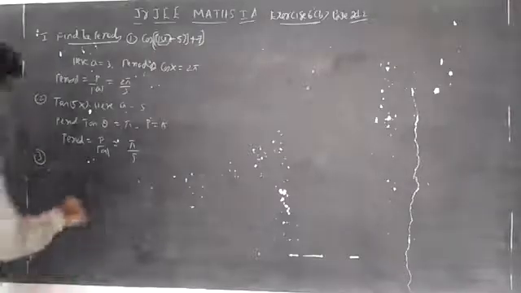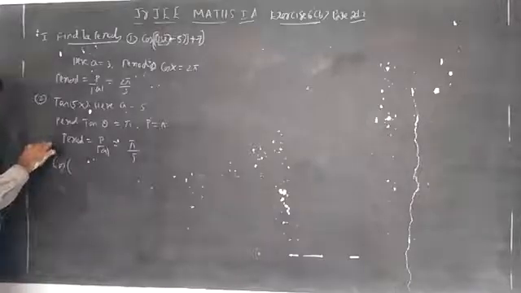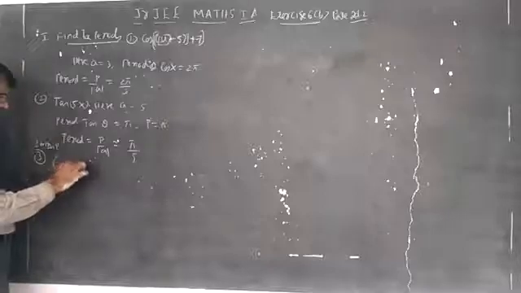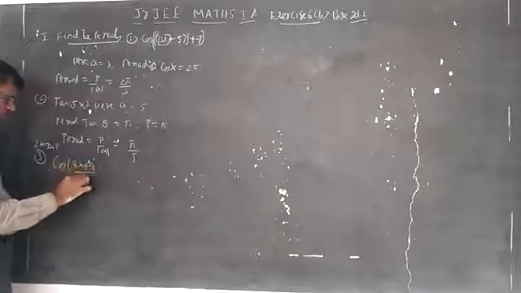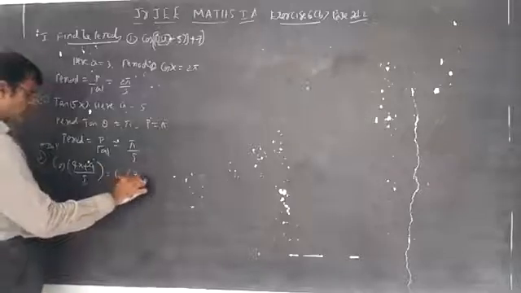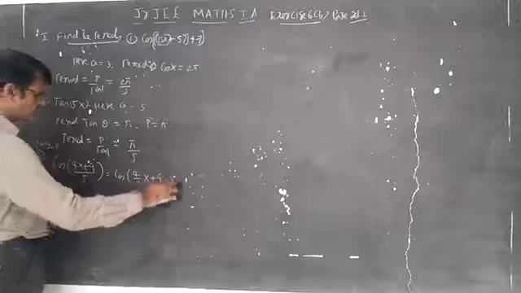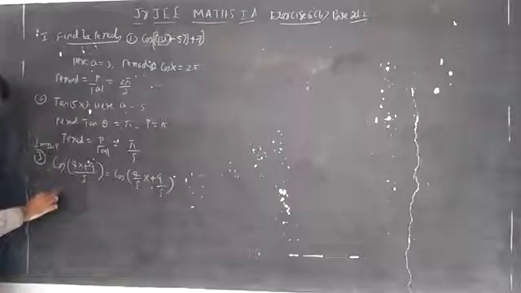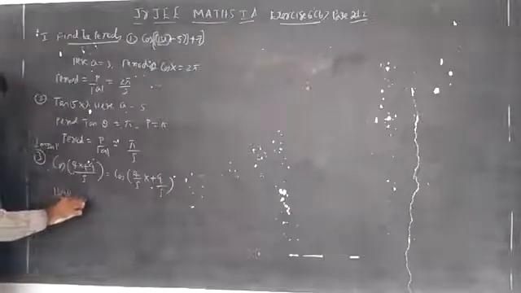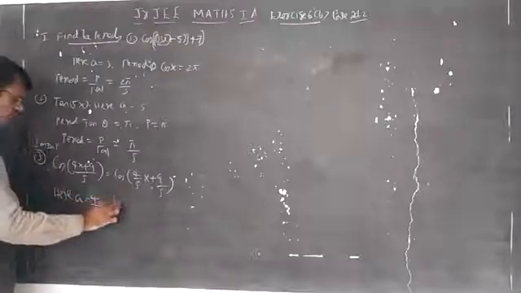Third question, cos of 4x plus 9 by 5. This is a 2 marks IMP question. Write like this: cos of 4 by 5 into x plus 9 by 5. Here, a means the coefficient of x, a is 4 by 5.